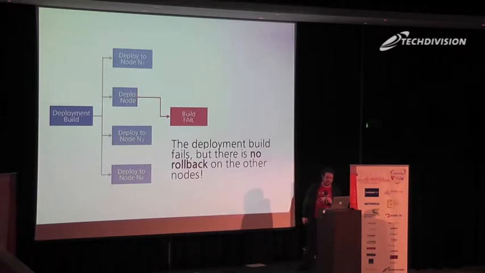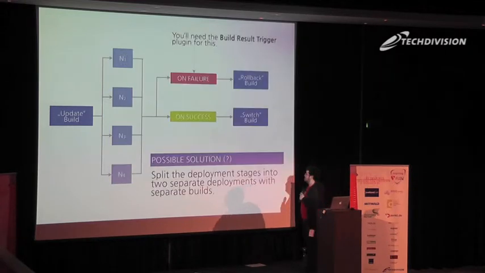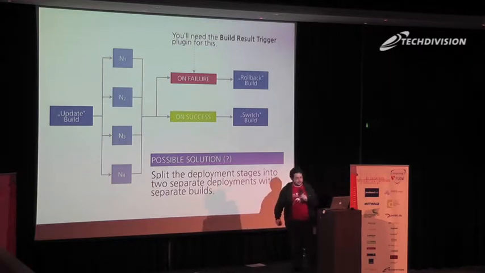So you'll have to find a way around that. One possible way is to split the deployment stages into 2 actual deployments. One that does only the initialize, update and finalize stages, and then another deployment that does only the switch and cleanup stages. There's also a Jenkins plugin that would allow you to trigger another build when the deployment build fails.